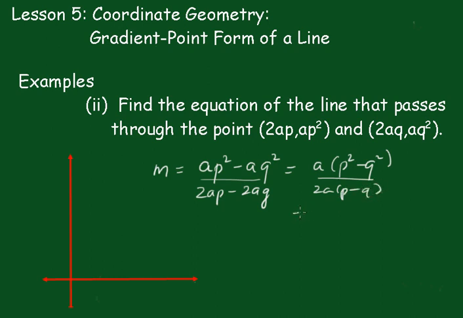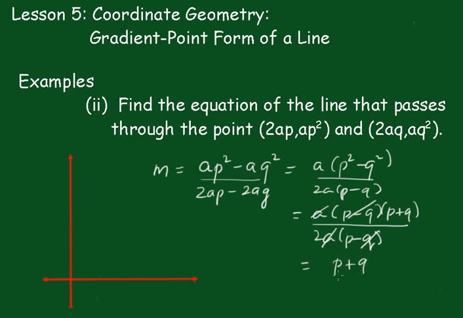Now this is the difference of two squares, so that's going to be a outside of p minus q, p plus q, all over 2a into p minus q. The a's go out, and these p minus q's go out, and you're simply left with p plus q over 2.